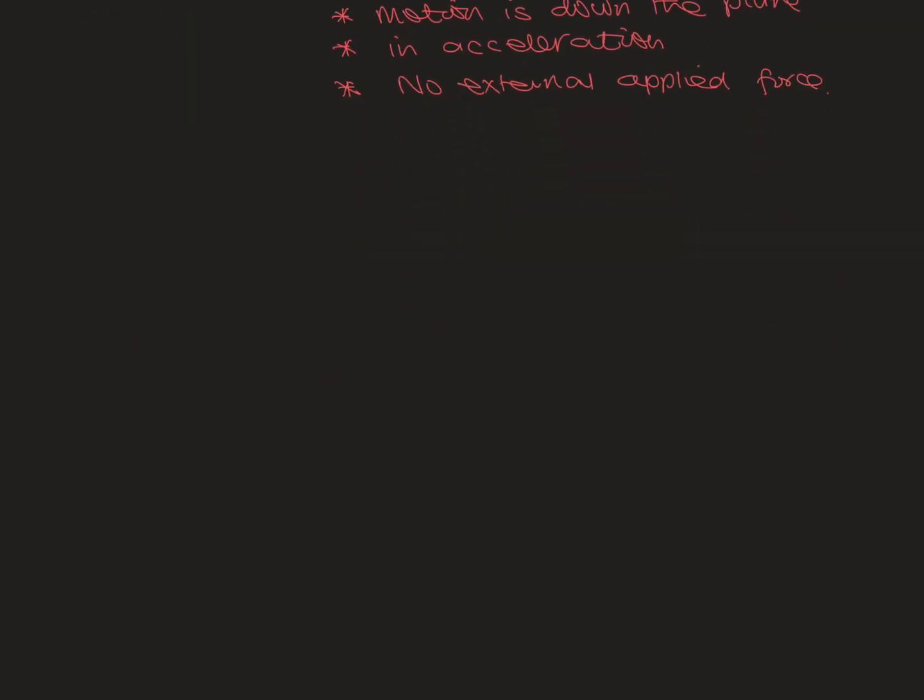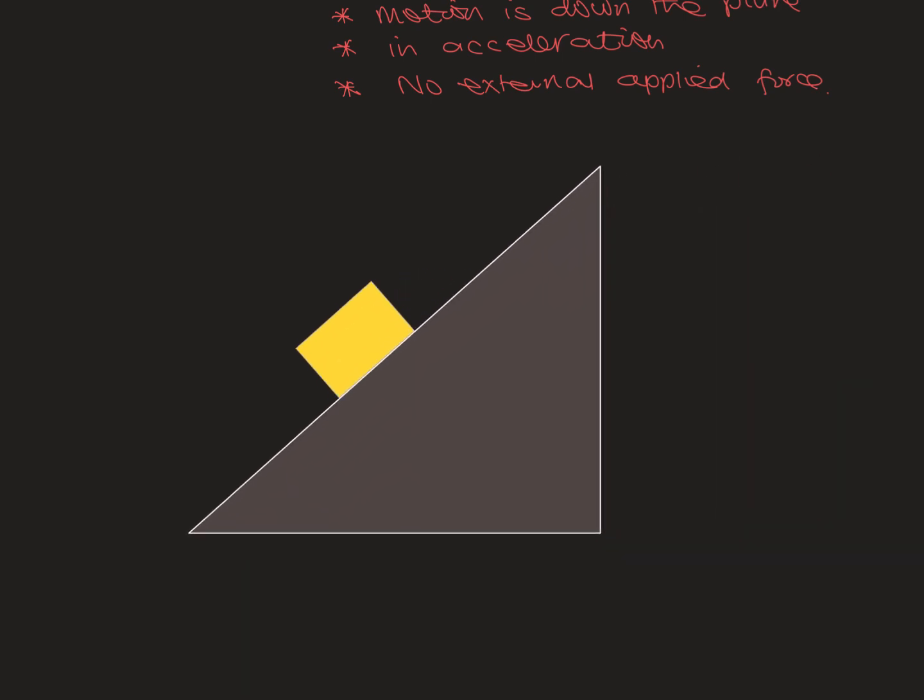If we should draw the diagram, this is going to be our diagram. We have a body of mass 7 kilograms resting on a rough plane inclined at 30 degrees to the horizontal. Now, if we should indicate the forces associated with this body, we will have mg sine theta acting down the plane.